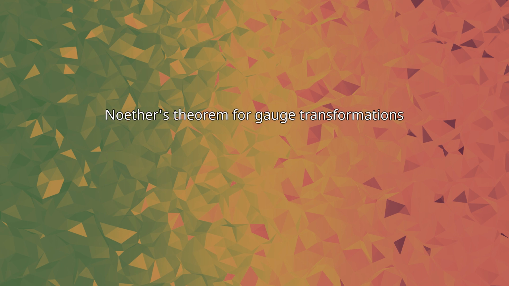If this is applied to the global U(1) symmetry, the result is Q = ∫d³x ρ(x), over all of space, the conserved charge, where ρ is the charge density.